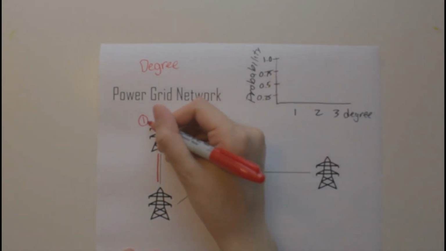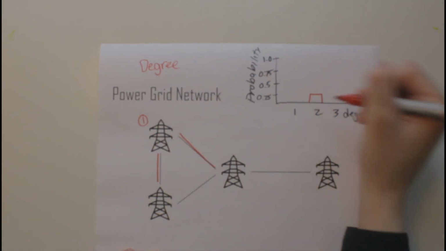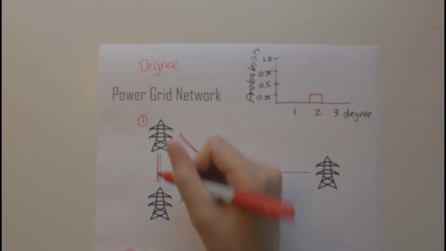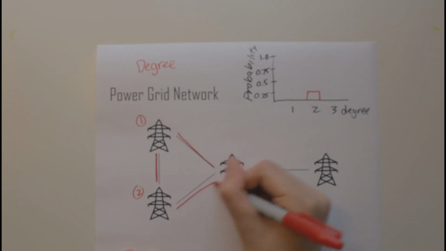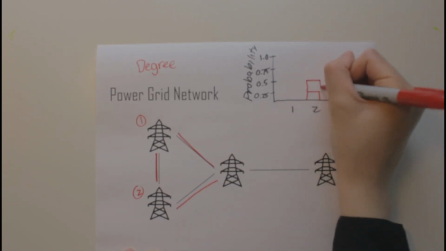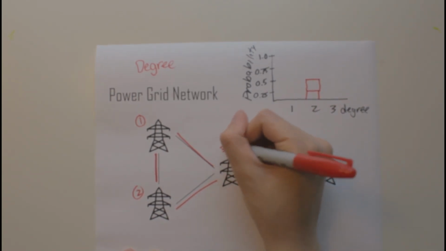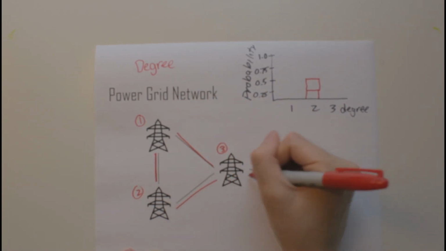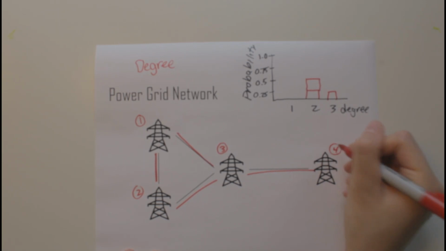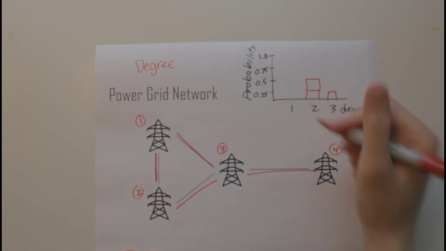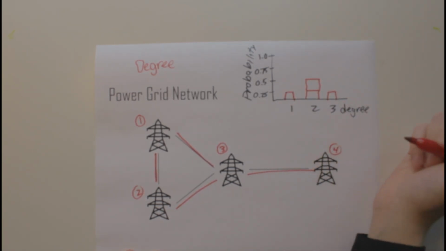So this first node here has degree 2. The second node has degree 2. This third node has degree 3. And this fourth and final node only has one link to another node, and so its degree is 1.